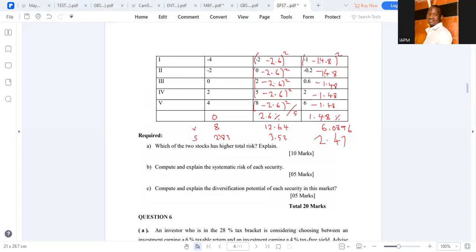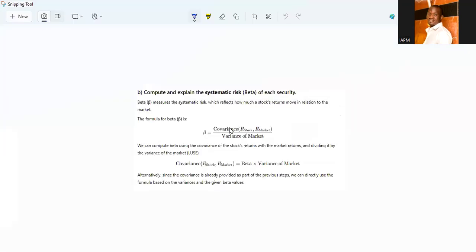So we calculate our beta as follows. The formula is as shown above: the covariance of the stock and the market over the variance of the market.